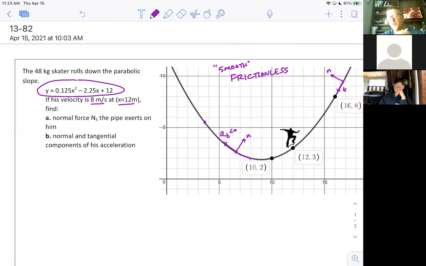Well, that's not a very good word choice because smooth just means not bumpy, but that's code in your book for no friction. Maybe we'll have a chance to talk about that, but applying friction in this case would be very difficult. If this was a box sliding down it, to say there's no friction is almost idiotic. Of course there's friction, but at least with a skater, no friction is a reasonable approximation because they have bearings that are all greased and it's not going to slow them down that much. So I do need to know that.